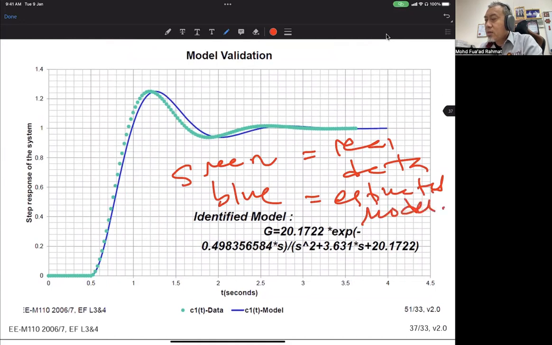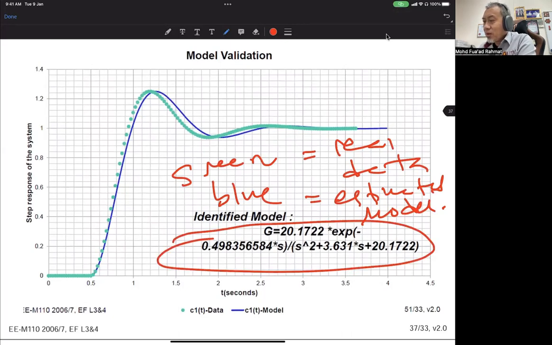This is what I expect from the assignments later. So this is the model that they got. The exponent 0.49 is actually 0.5, then s squared plus 3.631 s plus 21.17.